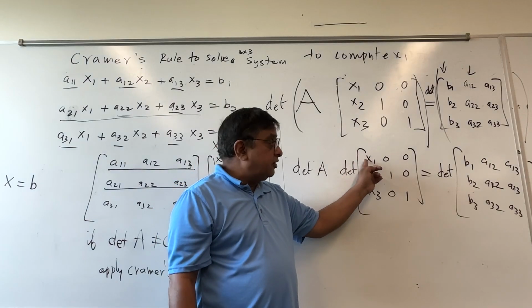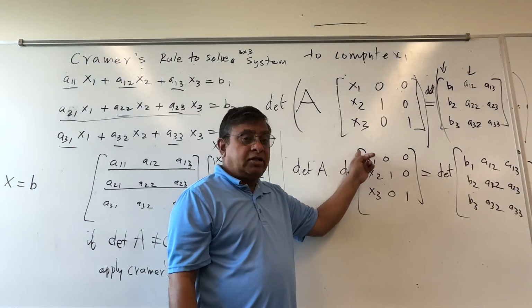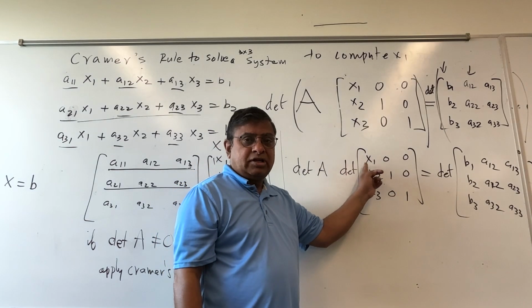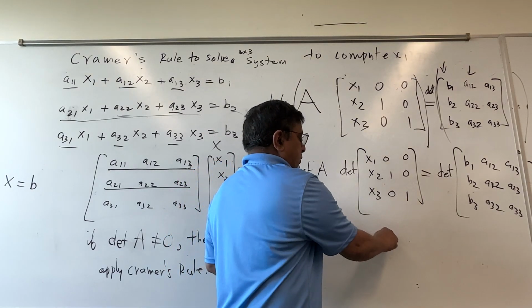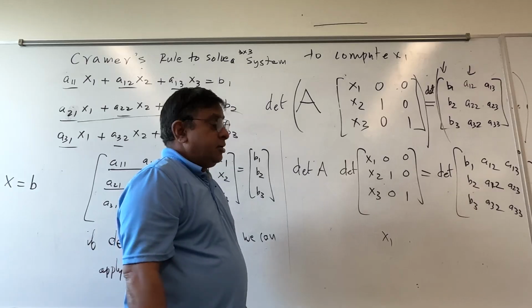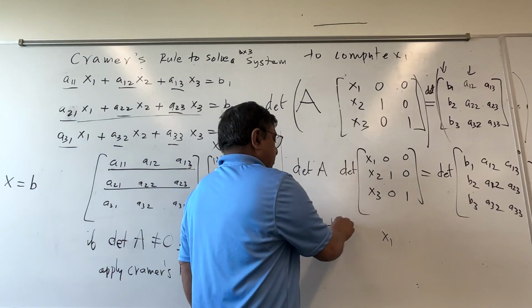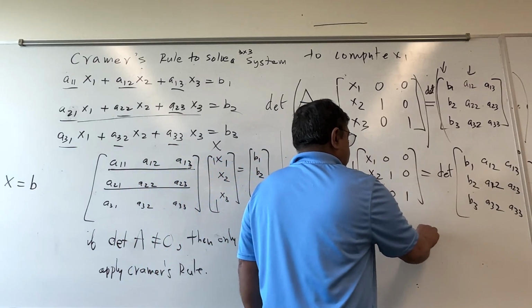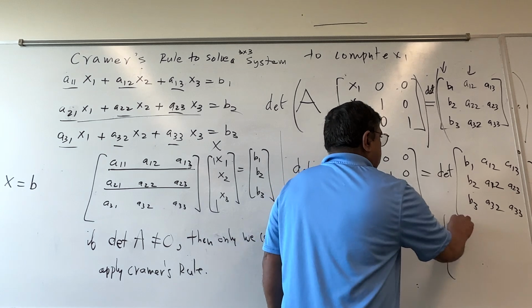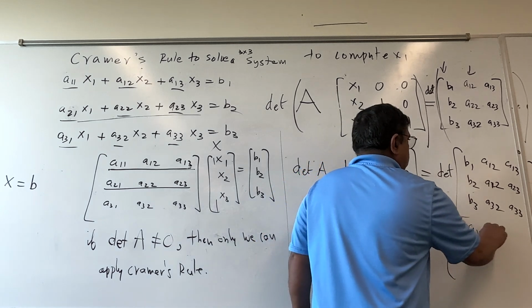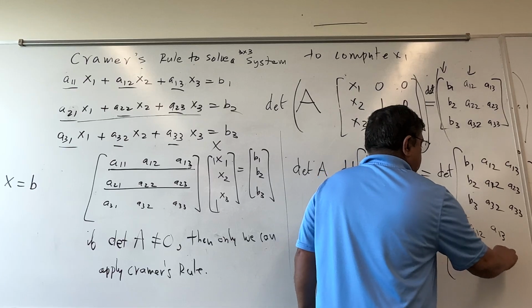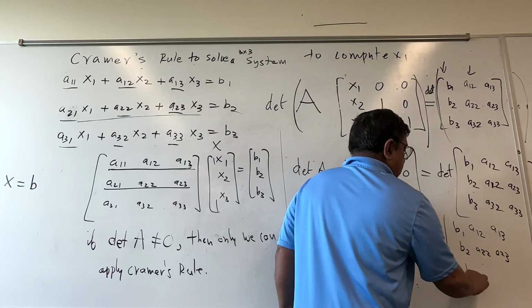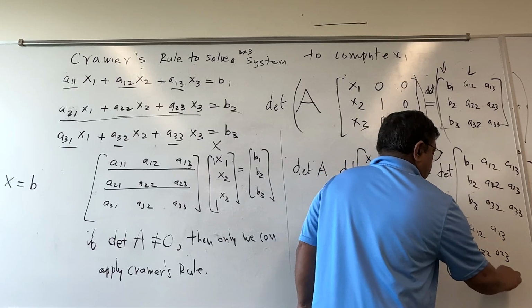Therefore, the determinant of this is the product along the main diagonal, which is x1 times 1 times 1. So really this determinant is x1 times det A, which equals the determinant of the matrix with rows B1, A12, A13; B2, A22, A23; B3, A32, A33.